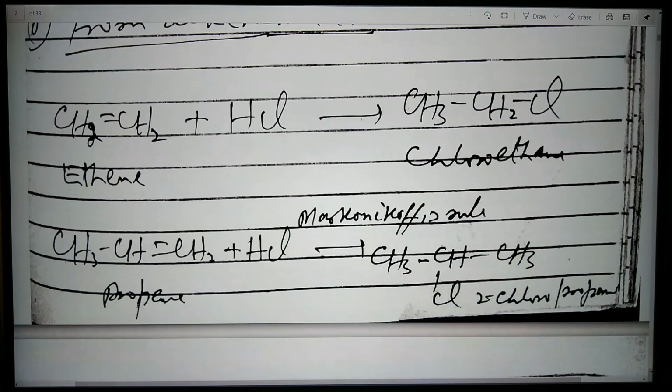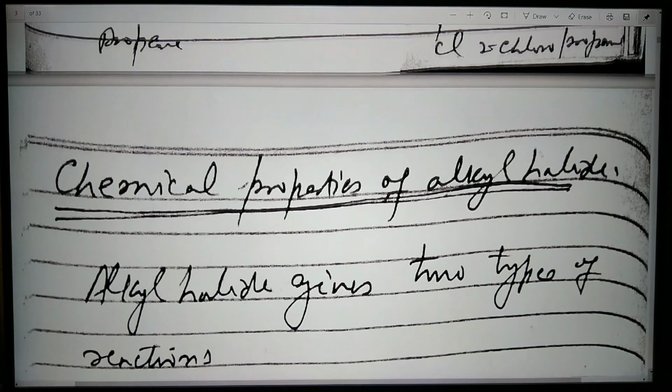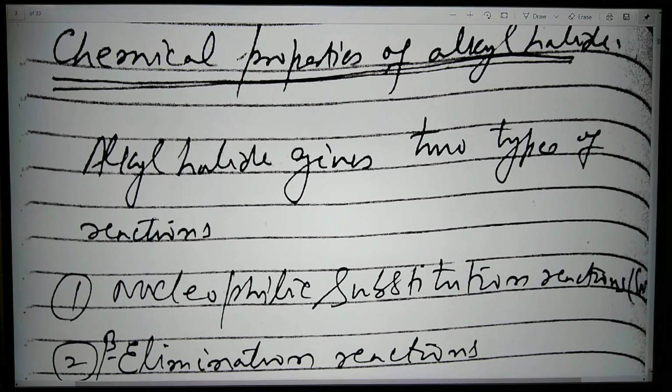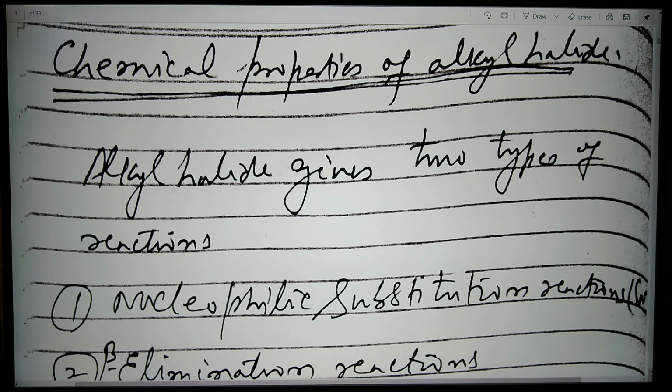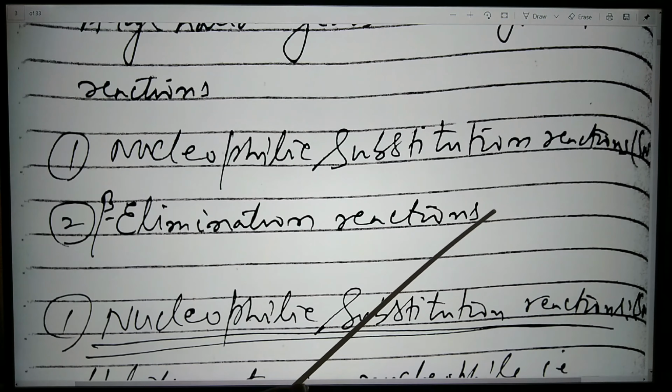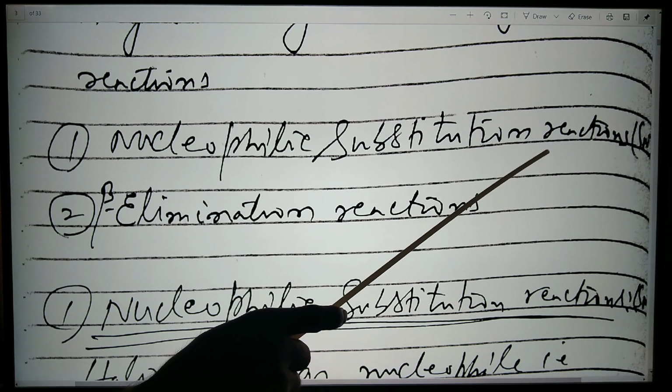So now we will consider the chemical properties of alkyl halides. In this case, alkyl halide basically gives two types of reaction. One is called the nucleophilic substitution reaction, which is denoted by SN.